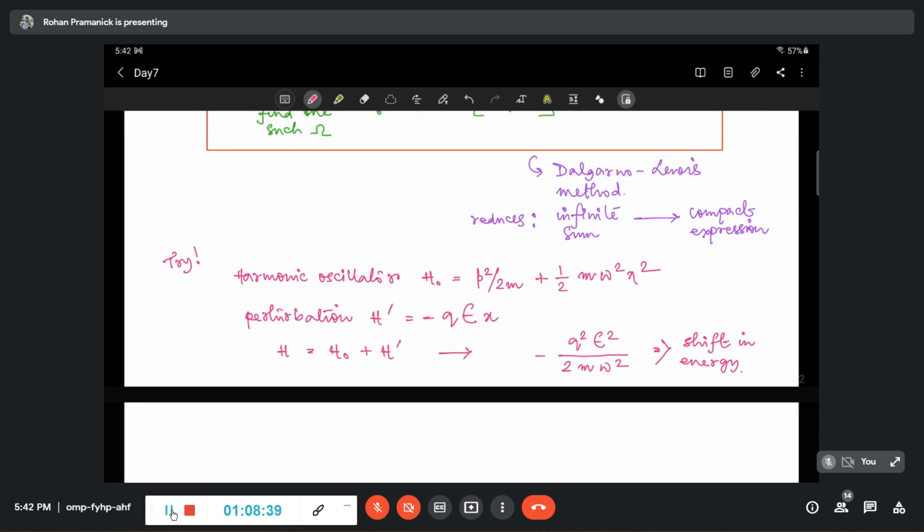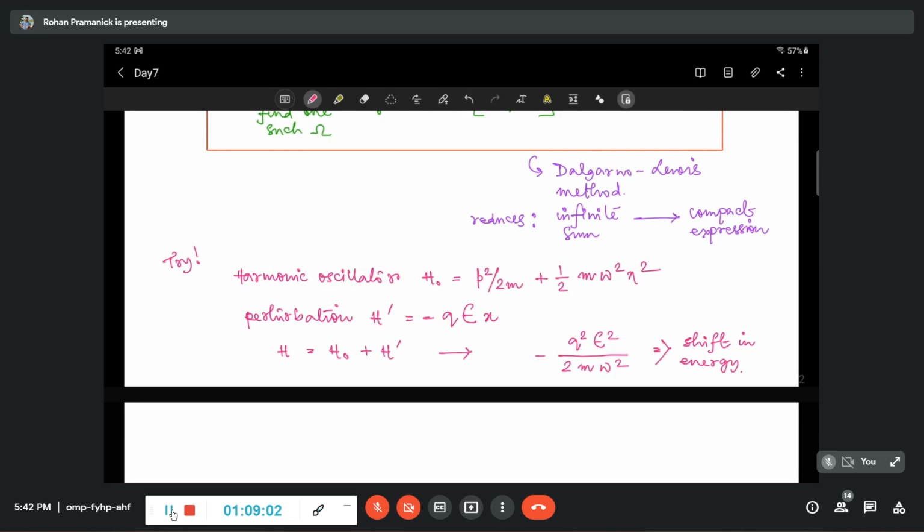It will become 0, I think. Yes, of course, it will become 0. Sir, it is a quadratic equation. Then the third order, like if we express the potential as a Taylor series, then the third differentiation goes to 0.